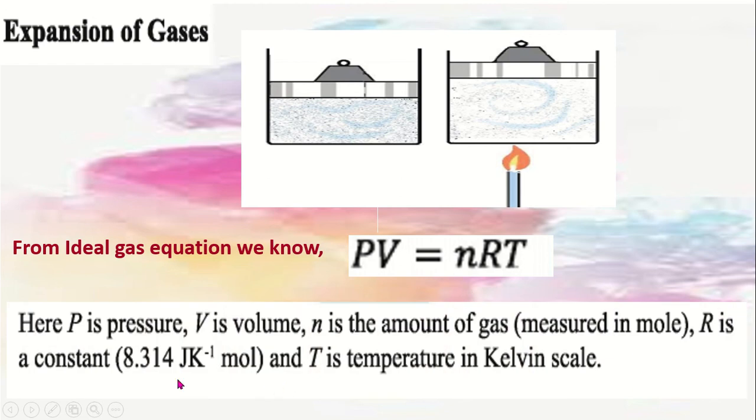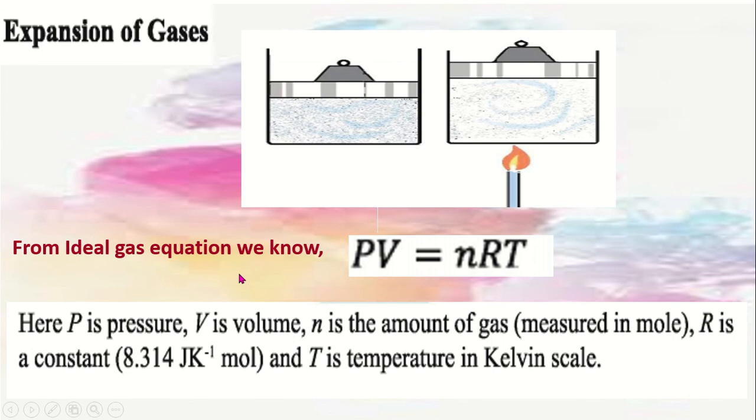R is a constant whose value is 8.314 joule per Kelvin mole, and T is the temperature in Kelvin scale. Here this R is also known as the universal gas constant.